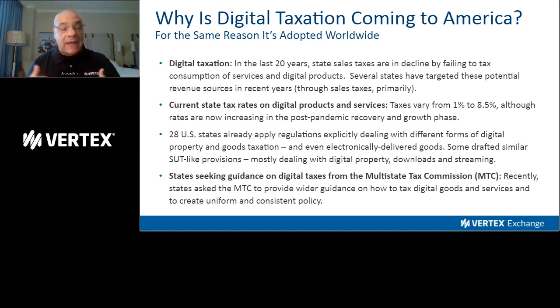States are now seeking more guidance on how to treat digital taxes uniformly, right? This is where we are today, very important.